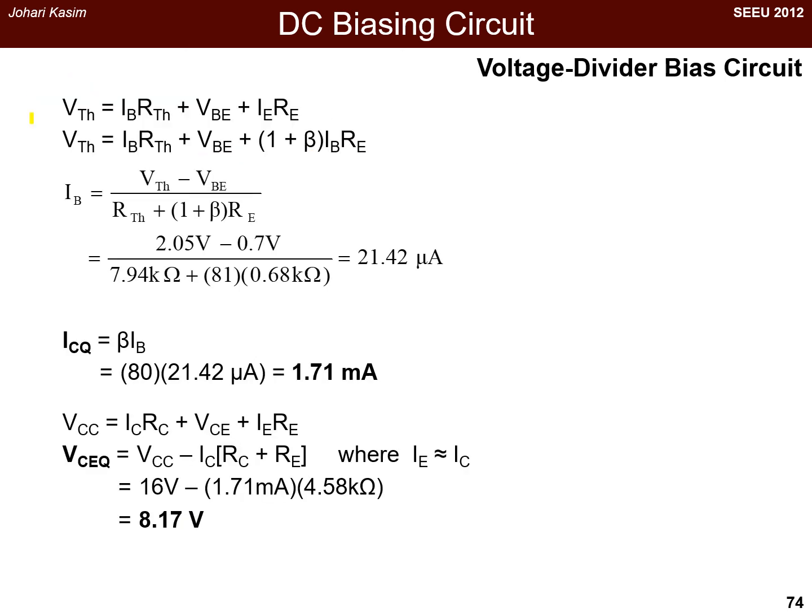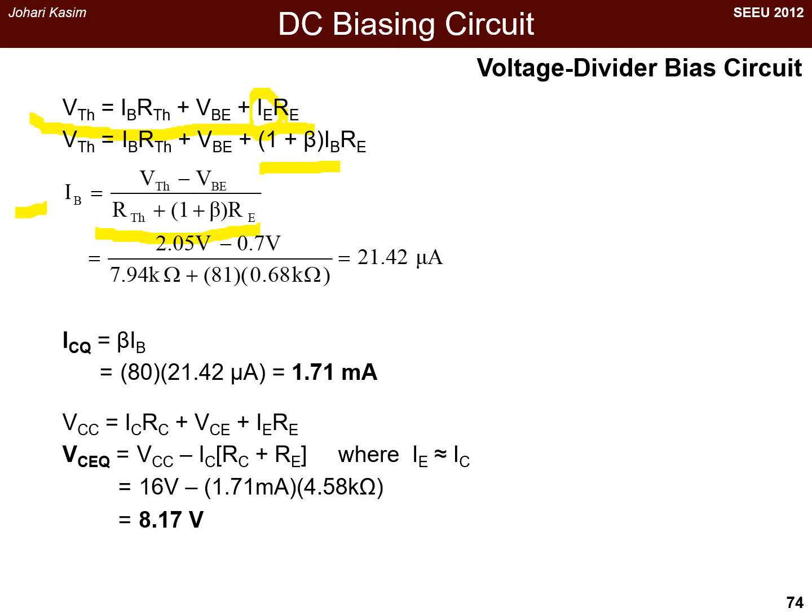Using the BE loop, you can get VTH equal to IB RTH plus VBE plus IE RE. Then you convert IE equal to (1 plus beta) IB. So after that, you can get IB equal to (VTH minus VBE) divided by (RTH plus (1 plus beta) RE).